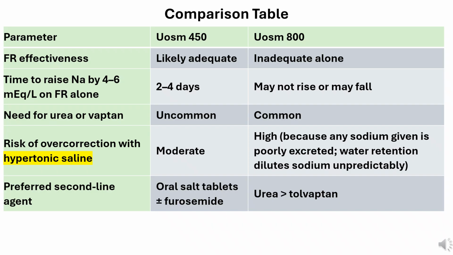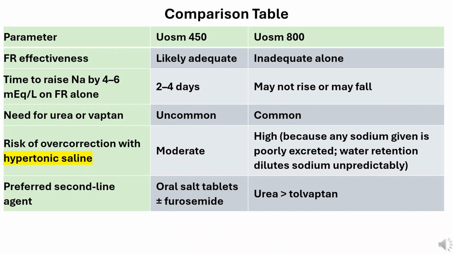The need for second-line agents such as urea or tolvaptan is uncommon. If additional therapy is required, oral salt tablets with or without furosemide are preferred. The risk of overcorrection with hypertonic saline is moderate, as the kidneys retain some diluting capacity.